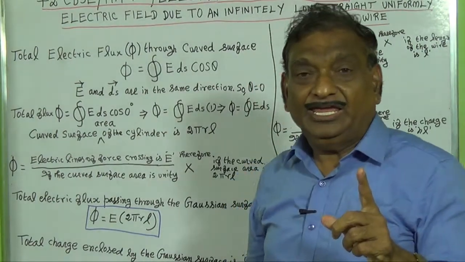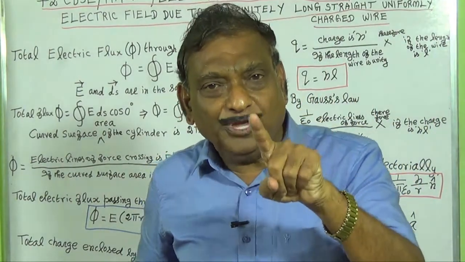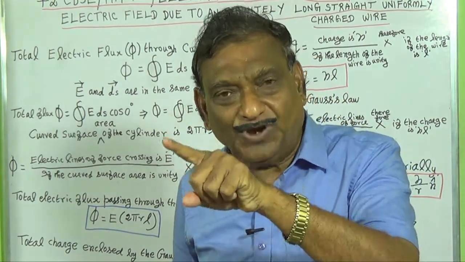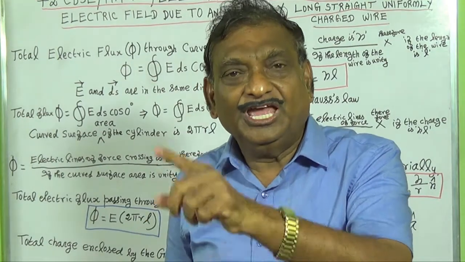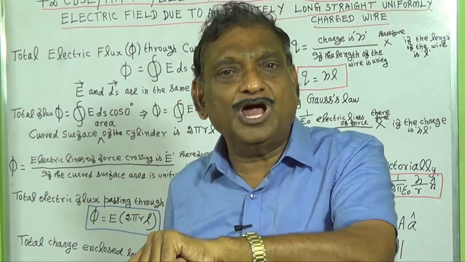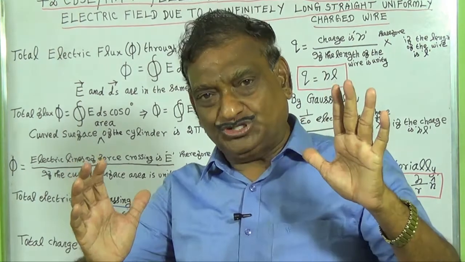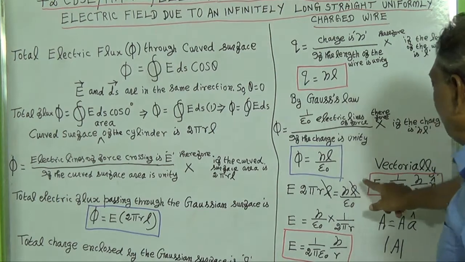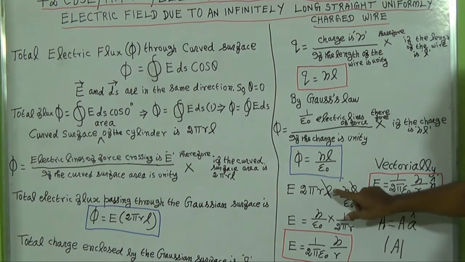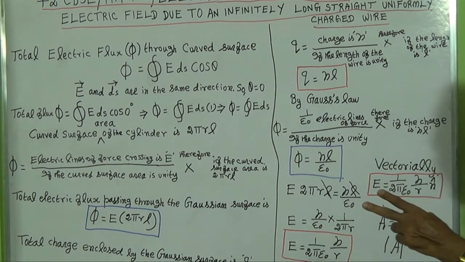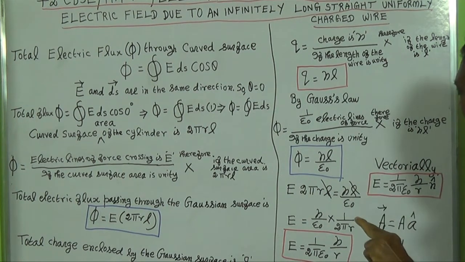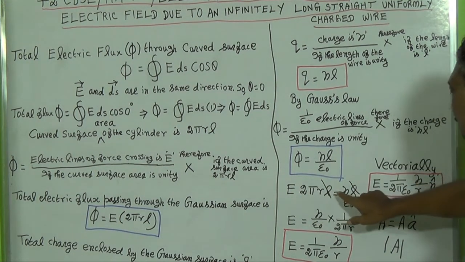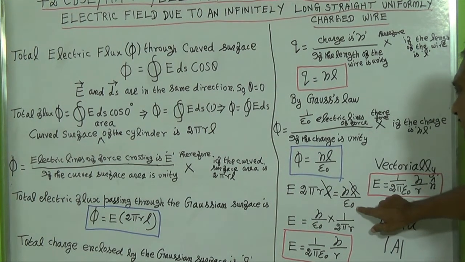We equate the electric flux in terms of area, E 2 pi r L, to the electric flux in terms of charge, that is lambda L by epsilon naught. What will be the position? E 2 pi r L equal to lambda L by epsilon naught. The L on the right side and on the left side of the equation are cancelled. So we will get E 2 pi r equal to lambda by epsilon naught.